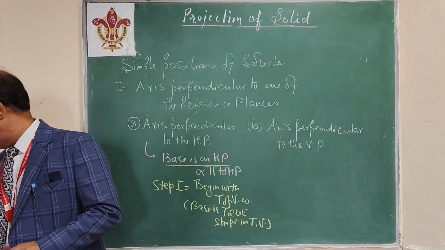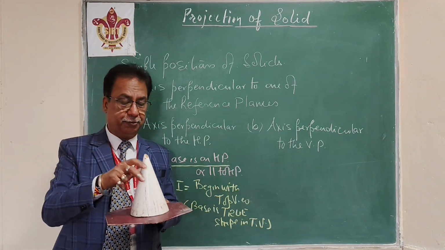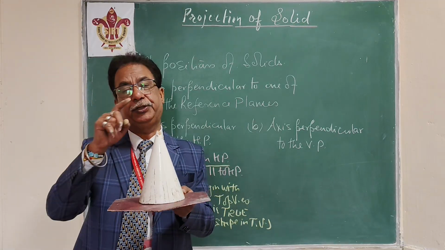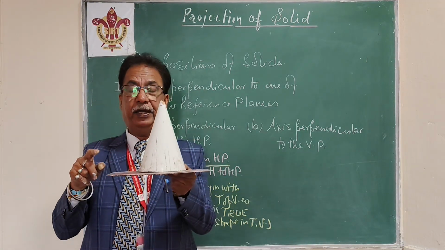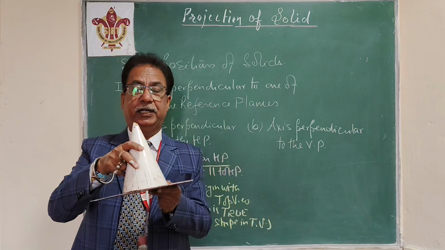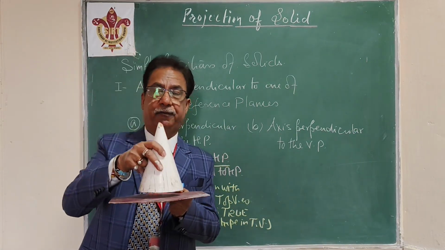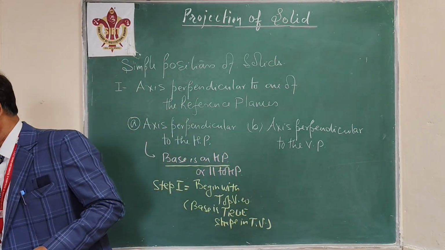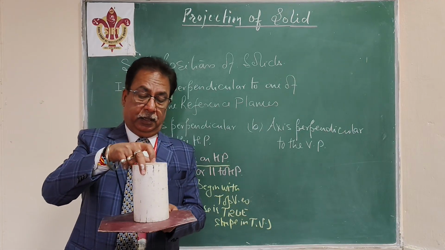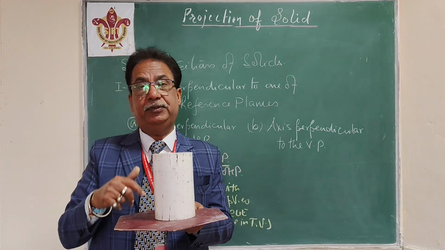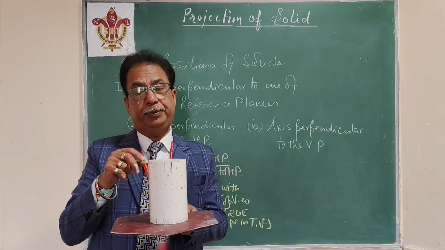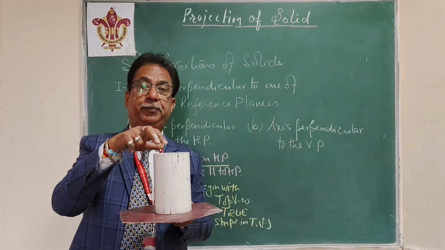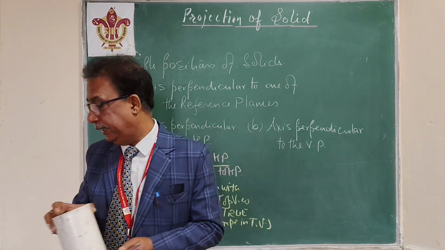Whenever a solid has its base on the HP, or axis perpendicular to HP, we start with the top view. In the same way for the cone, the top view is a circle and the front view a triangle. For a cylinder with its base on the HP, the top view is a circle and the front view a rectangle.